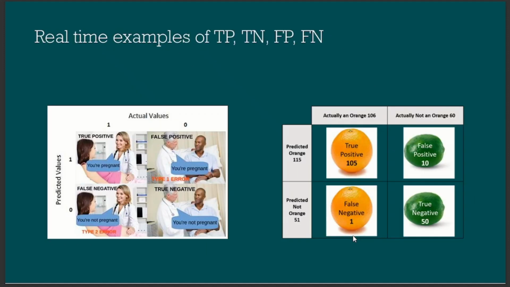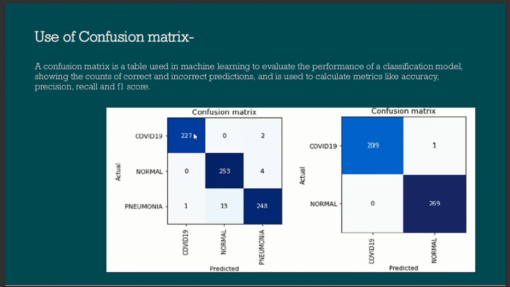But what if it has more than two classes? For example, if you are given an image and you want the model to predict if it's a bike, a cycle, or a car. So you have three scenarios here. In that case also, the confusion matrix is useful. The format of the confusion matrix for binary classification looks like this one, and for multi-class classification looks like this.